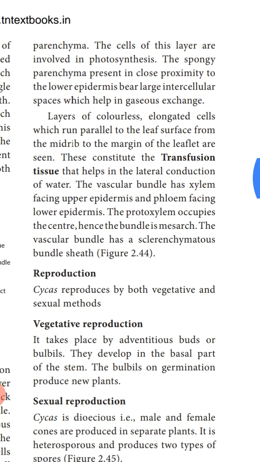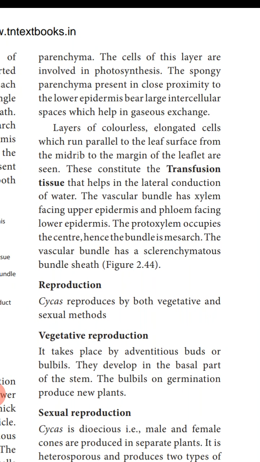The spongy parenchyma is present in close proximity to the lower epidermis. They bear large intercellular spaces which help in gaseous exchange. And palisade parenchyma, as we have studied, is involved in photosynthesis.